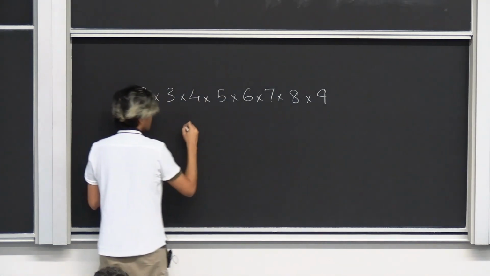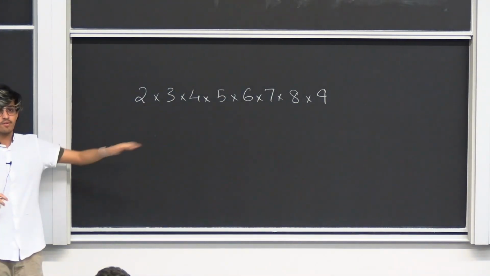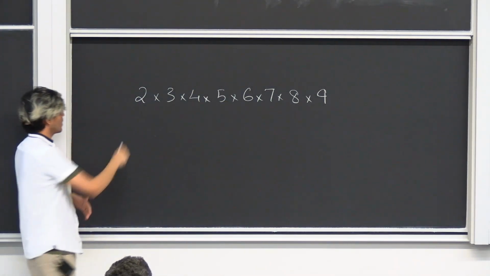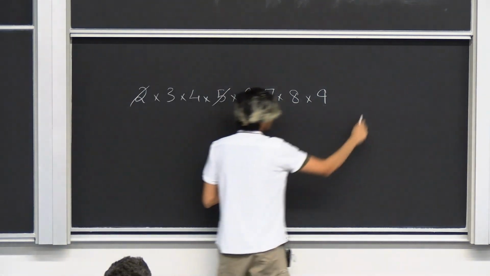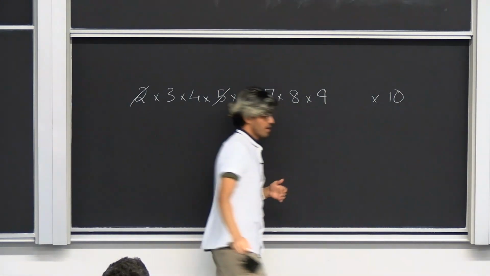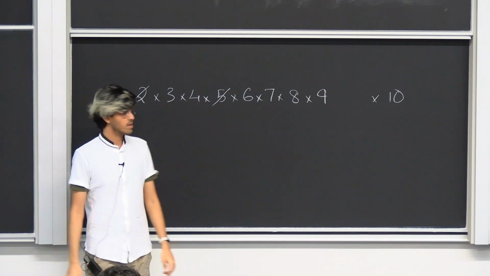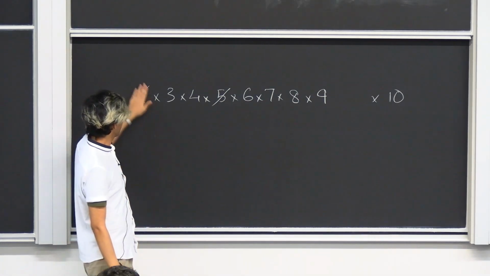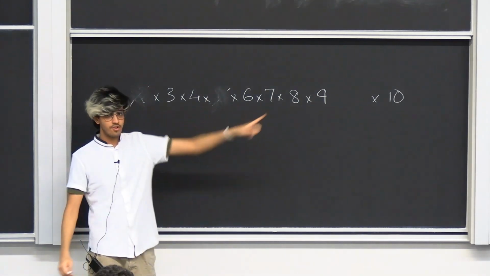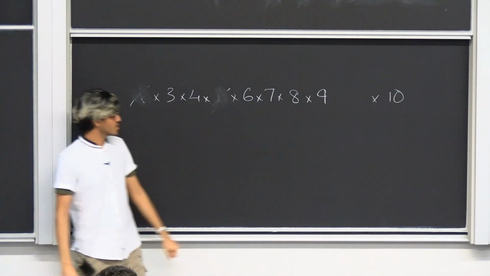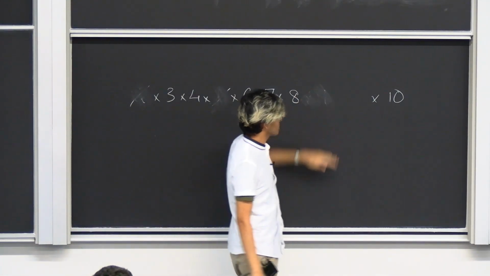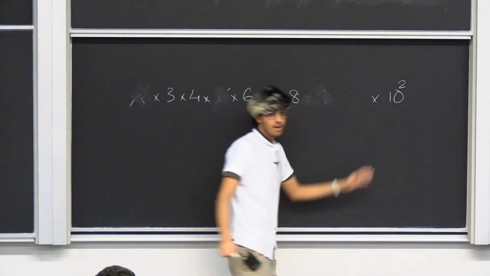And now I'm going to do a few things that will increase this number, right? First of all, I'm going to take this 2 and 5 and just say it's times 10. That's fine. That's equality. So I can remove this 2 and 5 and instead just multiply by a 10. Additionally, I'm going to replace this 9 with a 10.